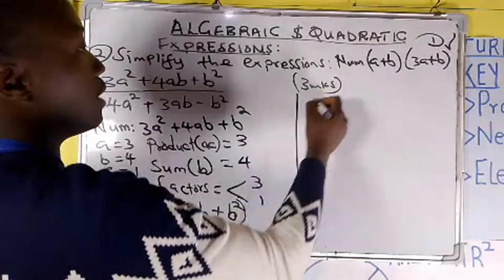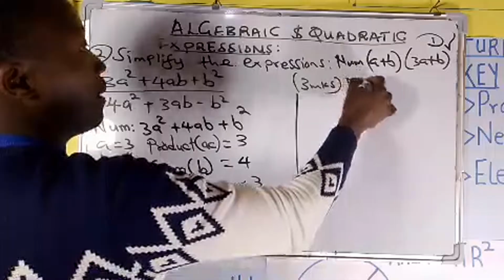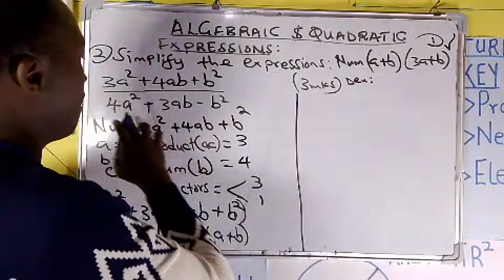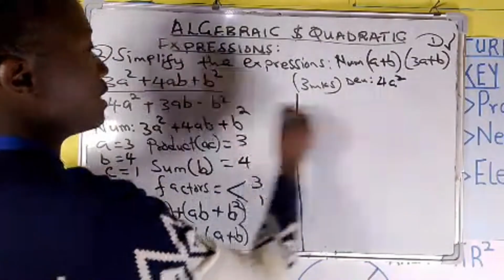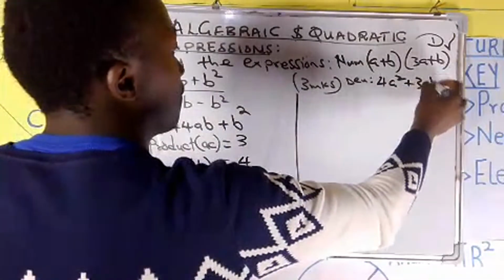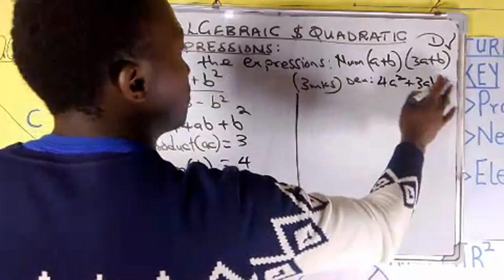We now proceed to the denominator. Our denominator is 4a squared plus 3ab minus b squared.